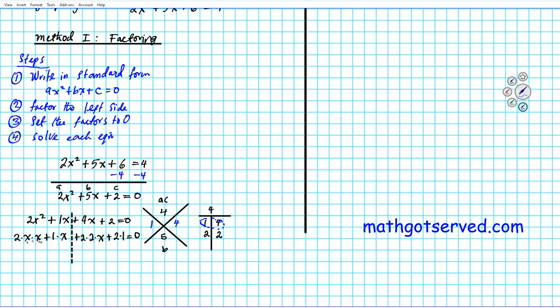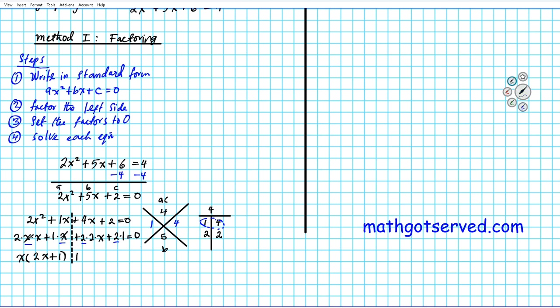On the left side of the partition, for these first two terms, the common factor is x. That's common to both terms, so we're going to factor that out or divide it out. When we divide it out, this goes away, so you're left with 2x plus 1. And then on the right side of the partition, we can see what the common factor is. 2 and 2 are common, so we factor those out.